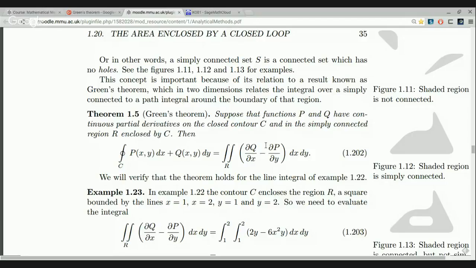But first of all, see what happens when you look at integrating over all the rectangular boundaries. When I'm integrating over this rectangle here, I integrate over its top edge from right to left, so I'm going anti-clockwise.